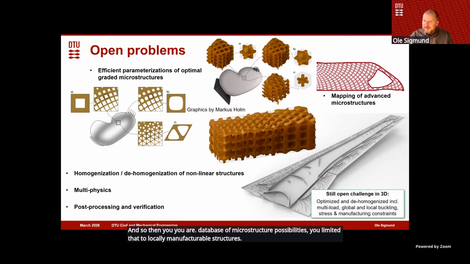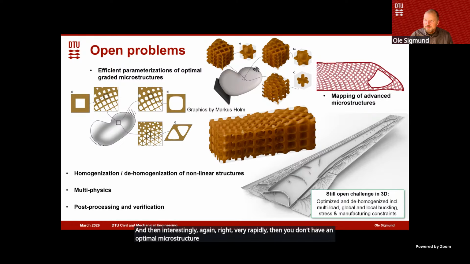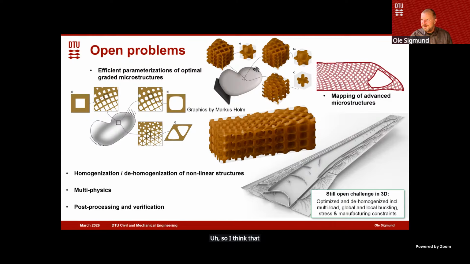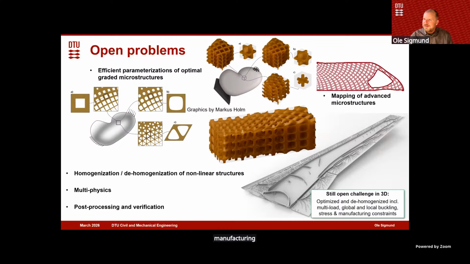And then interestingly, very rapidly, you don't have an optimal microstructure. And then probably it turns out to be better to not use microstructure at all. So I think that's very important. It looks so fantastically beautiful, but they are sensitive, so they are not optimal if we mistreat them too much. And so if we ask for too much manufacturing robustness, then maybe microstructure is not optimal again.